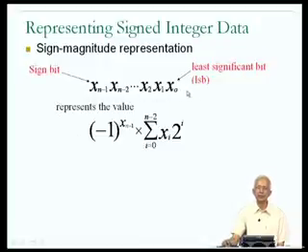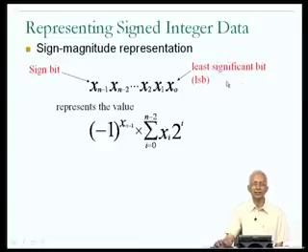The remaining bits indicate the magnitude of the value in binary, as this summation on the right of this expression would have you understand. And therefore the bit at the left, or bit x(n-1), is the sign bit in the sign magnitude representation. And as a standard convention, as I had mentioned last time, we refer to the bit which contributes the least to the magnitude of the value that is being represented as the least significant bit.